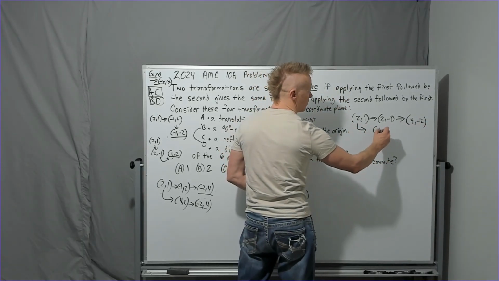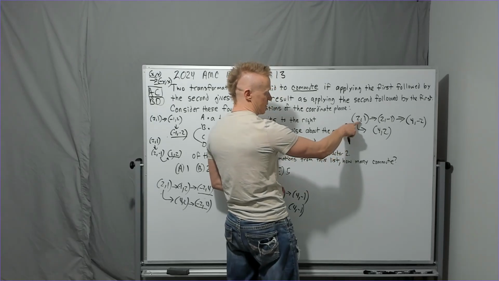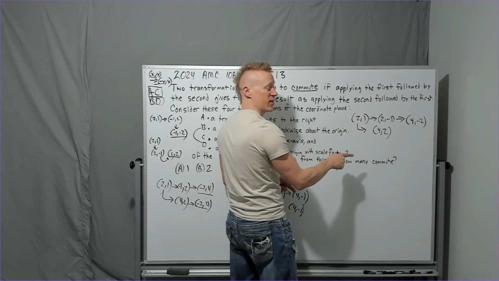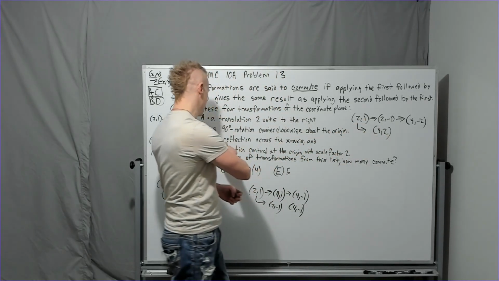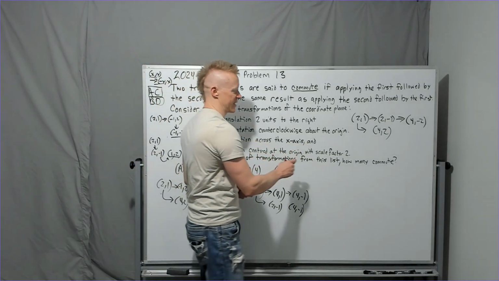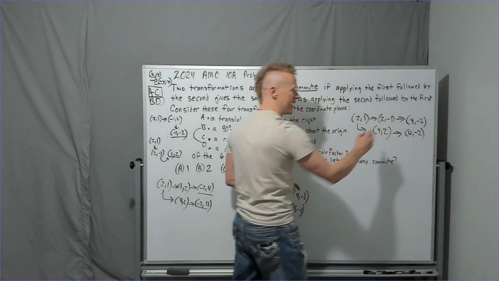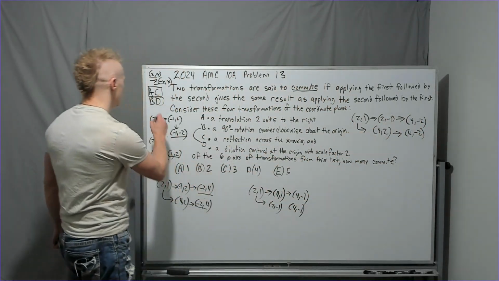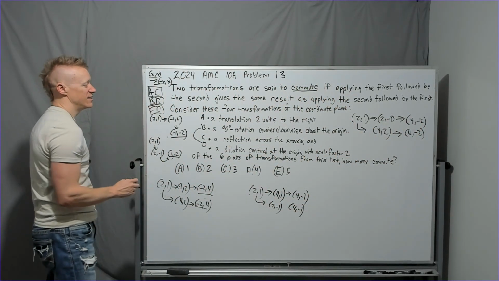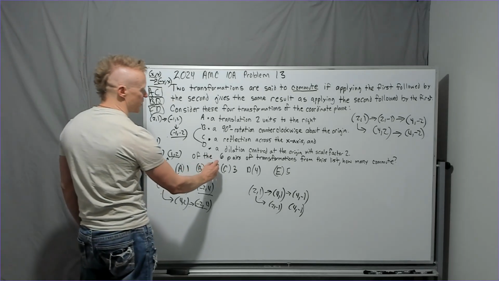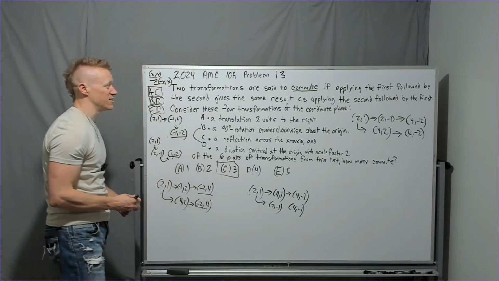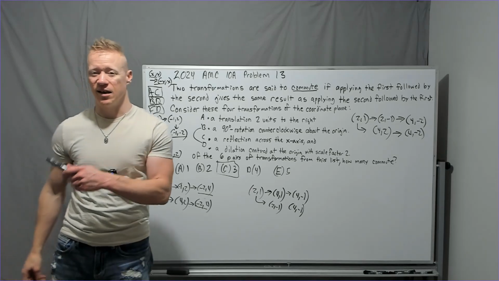You're at (4, 2), because doubling this, doubling that, and we're going to flip over the x-axis because a reflection across the x-axis was the C, and of course that does give you (4, -2). It matches, so the CD transformation does commute, and you get 3 commutative transformations. Answer choice C.